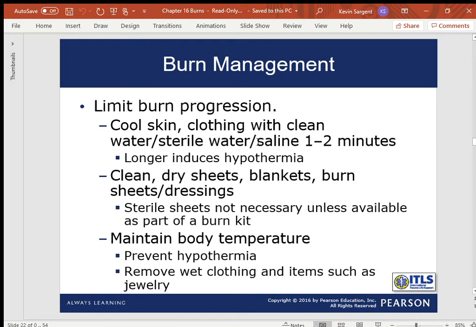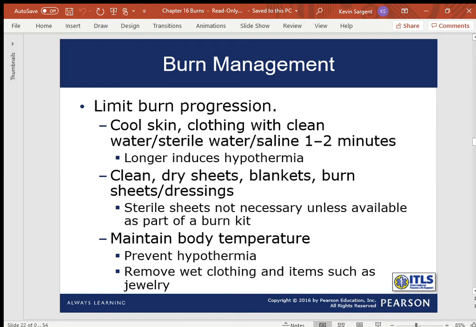So, keep in mind, sterile water is a good thing to limit burn progression. But any dry chemicals should be dusted off that patient. They should be removed from their clothes prior to any type of irrigation whatsoever.